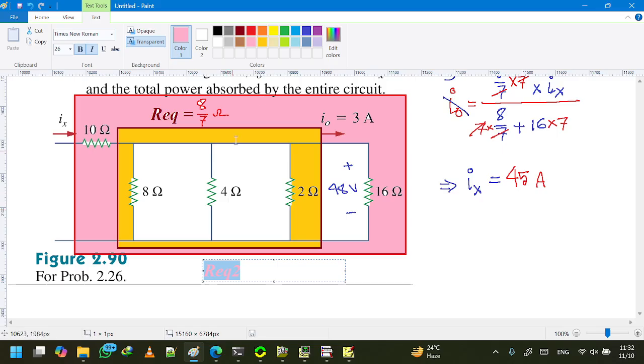So R equivalent 2 is 10 plus 8 divided by 7 parallel with 16.